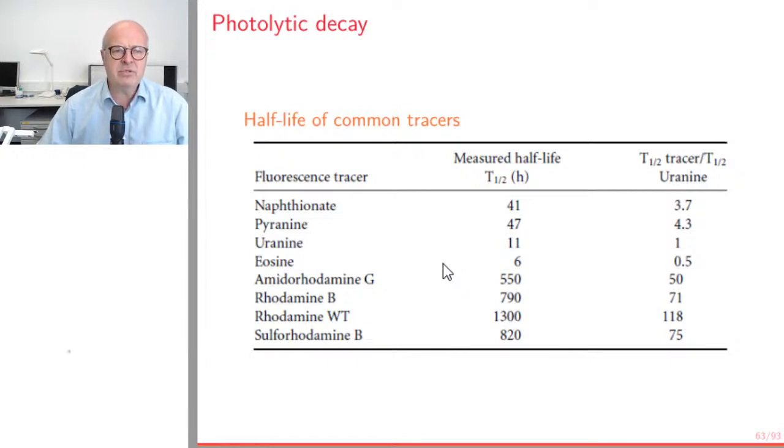So a completely different story. While you lose half of your fluorescence at least during a day with uranine and eosine, sometimes even more, the loss of fluorescence for rhodamines, amidorhodamine, sulforhodamine is much, much lower. This is why we use the latter ones, the rhodamines, for rivers, and the first ones only for groundwater.